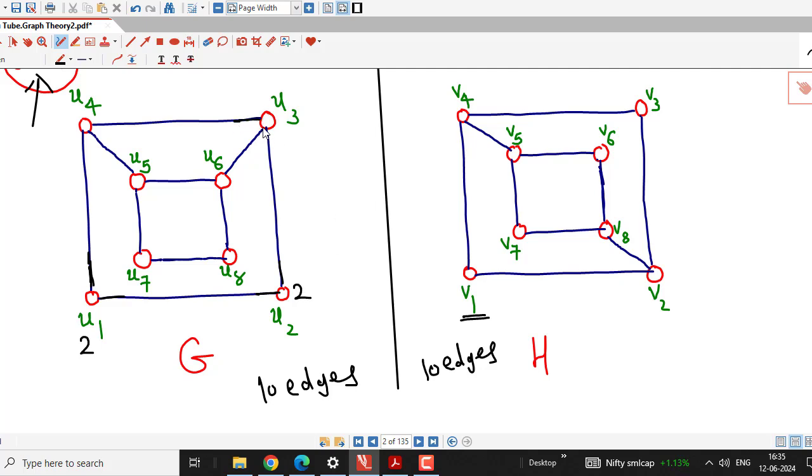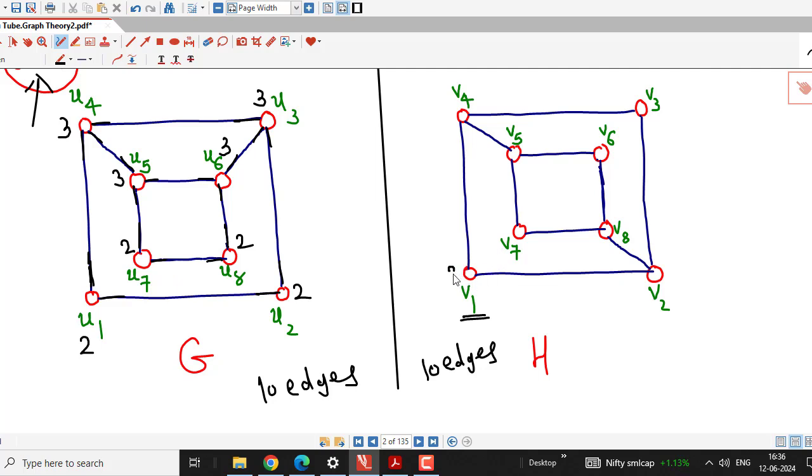For U3 we have 3 edges ending or meeting at U3, therefore degree of U3 is 3. Similarly degree of U4 is also 3. For U5 also we have degree equal to 3, and same for U6, and U7 has degree 2, U8 has degree 2. And now we check for vertices of H.